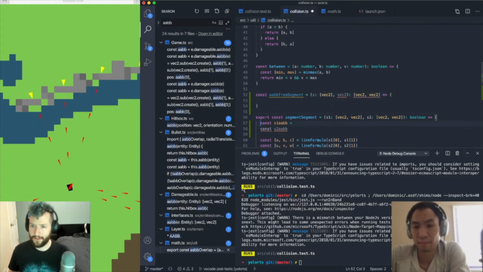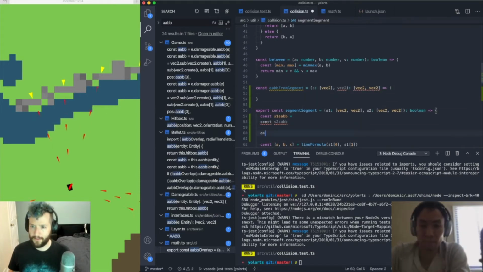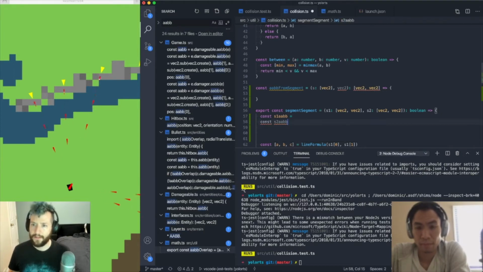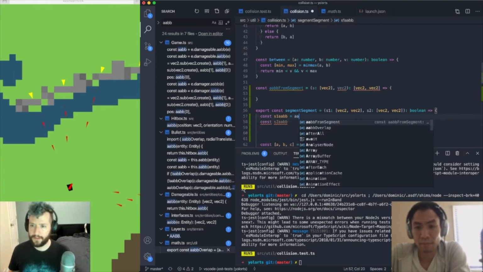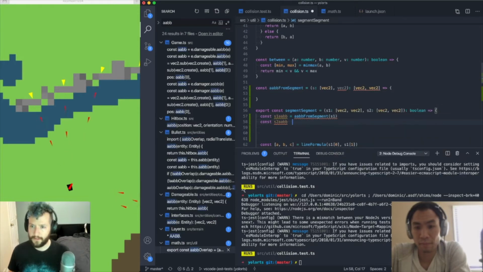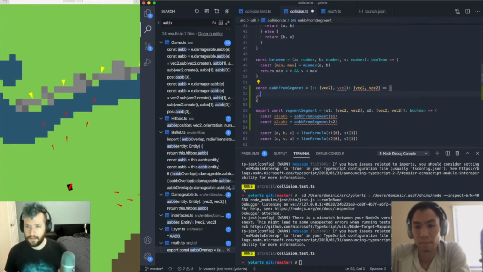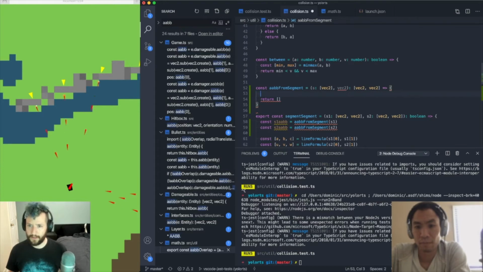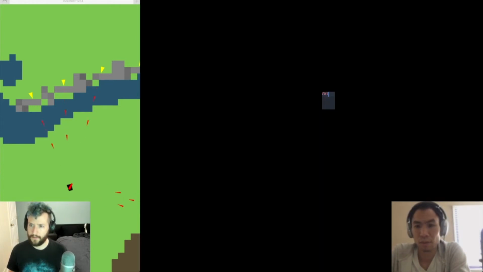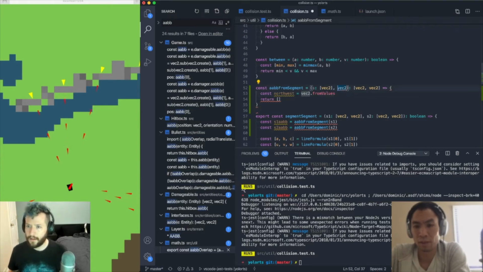And then we can import AABB. Nope. Well, we'll get to that in a second. P from segment S1. Okay, so const northwest equals vec2 from values of. Yeah, thank you. Math.min. Sorry, I just realized that's what the problem was.